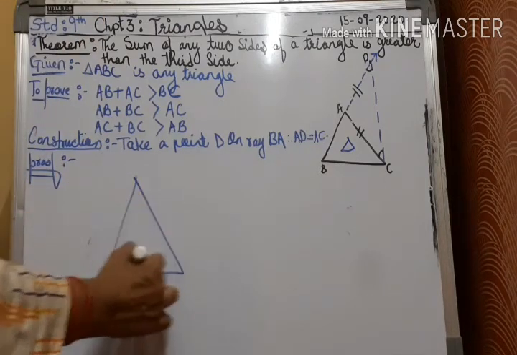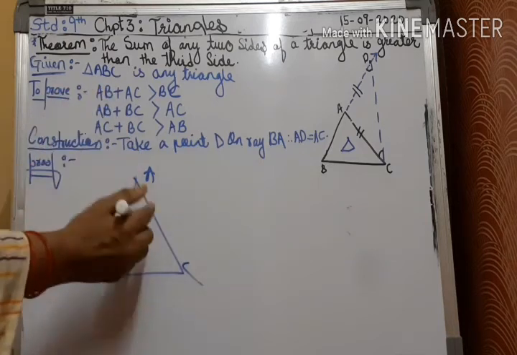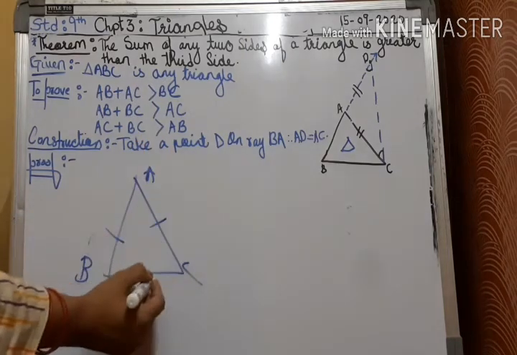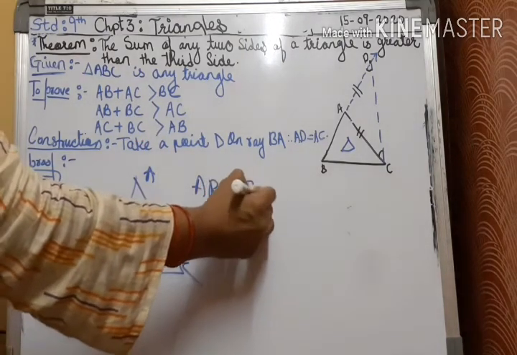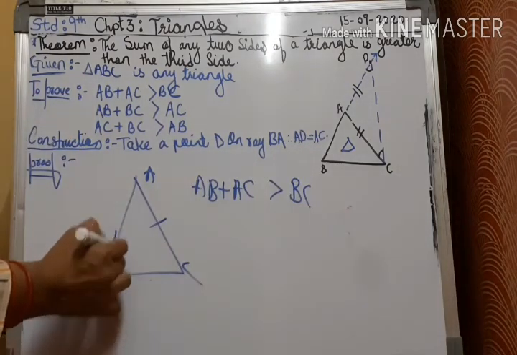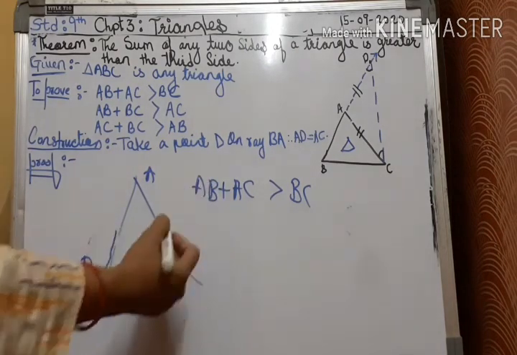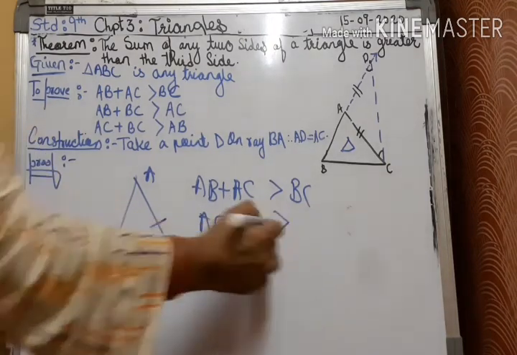If we have triangle ABC, so AB plus AC is greater than BC. Third side is this. AB plus AC is greater than BC. Similarly, AC and BC, if we add them, then AC plus BC is greater than BA.